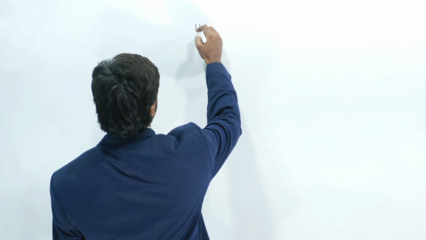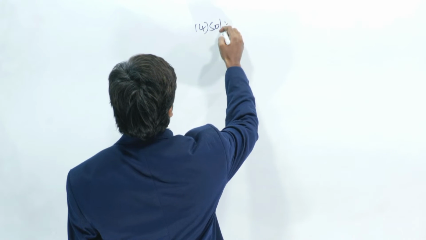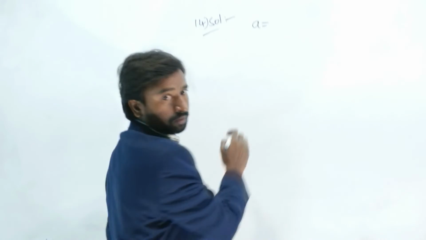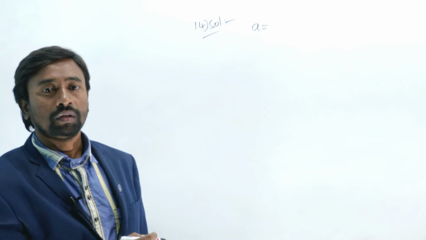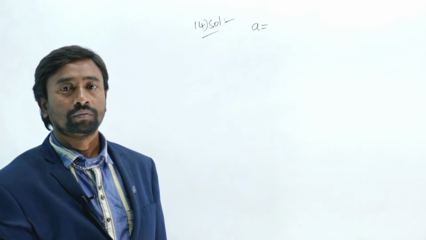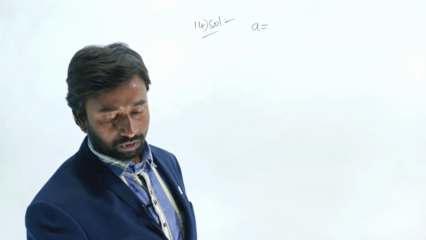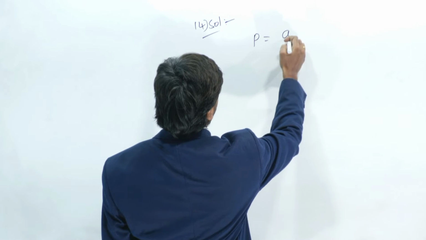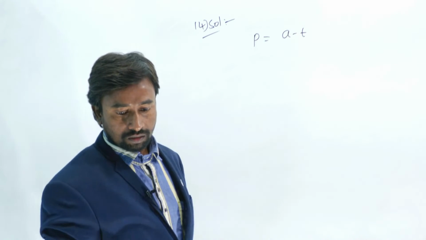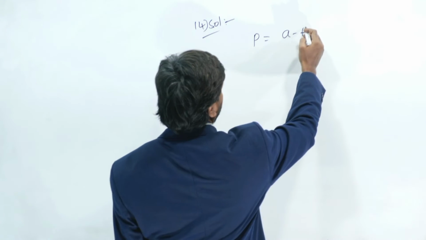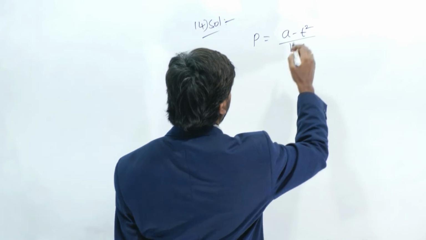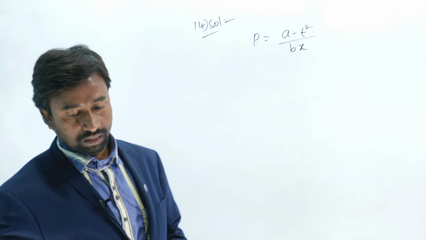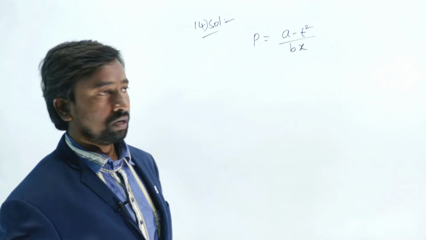The dimension formula of A is asked. So the equation is given here: P is equal to (A minus T square) divided by Bx, and they are asking the dimensional formula of A.